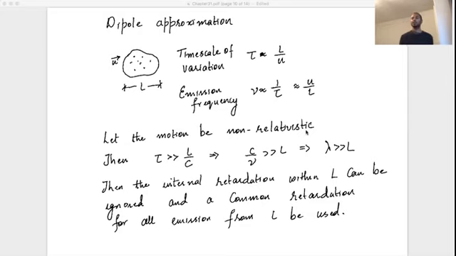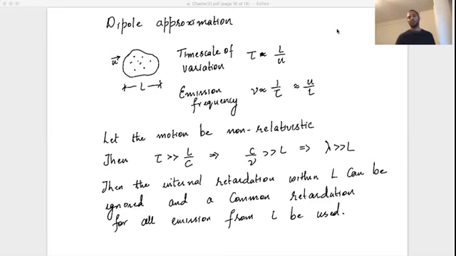Now, an interesting consequence of that is that light, or information, is moving at the speed of light, but these particles are moving extremely slowly. One consequence is that the internal retardation within the volume L, you can ignore, and you can just use a common retardation for all the particles. So what do I mean by that? Let's say you have two different particles here, they're both doing their own thing.